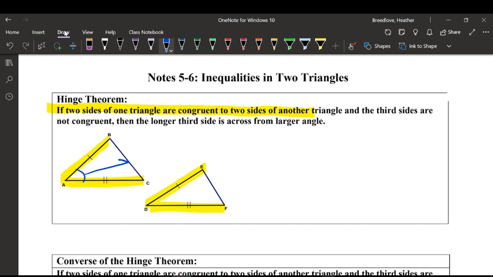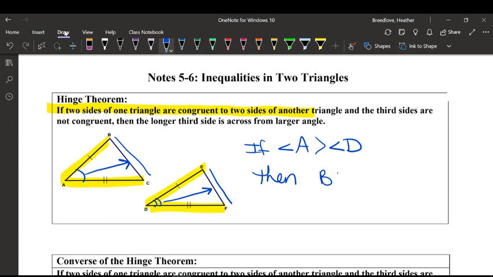So this, and if this is different, then it's across from this. So if angle A is greater than angle D, then side BC is going to be greater than side EF.